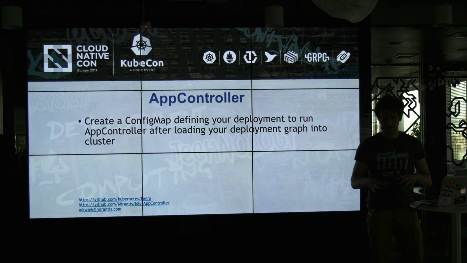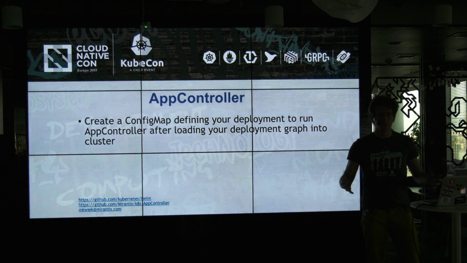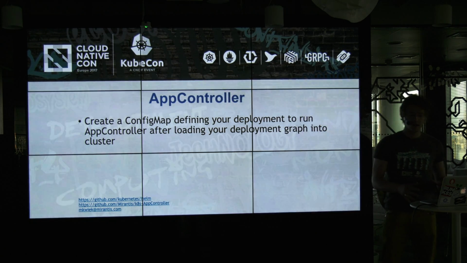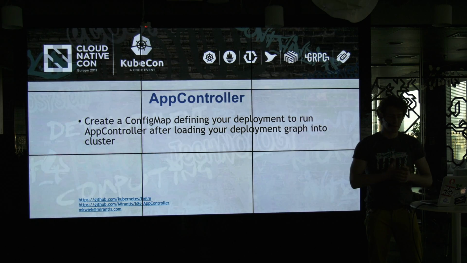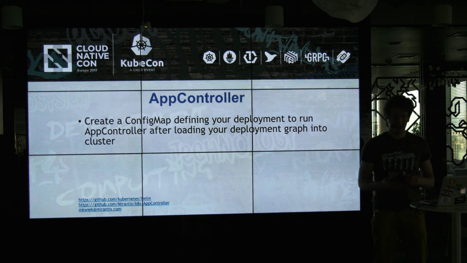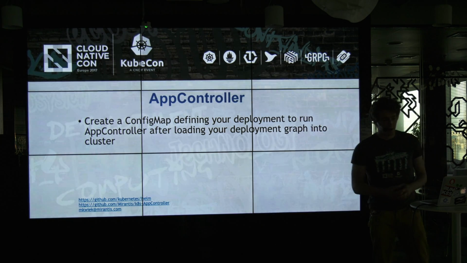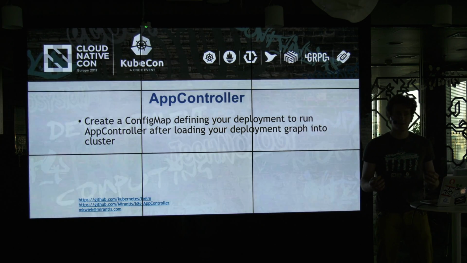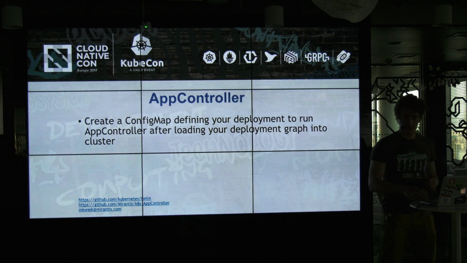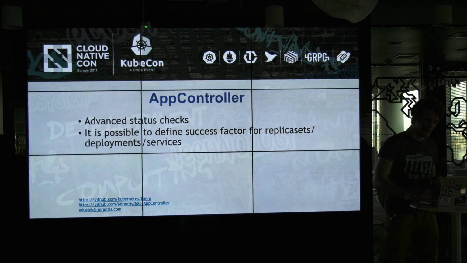All these Kubernetes objects are wrapped in the third-party resources. And then when you create this config map, which basically means, hey, AppController, please run my deployment graph, it reads all the deployment graph data that you put into your third-party resources, and it starts to deploy it. I will go into some more detail later.